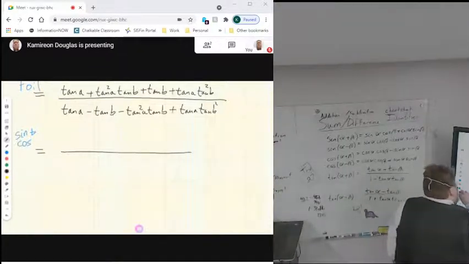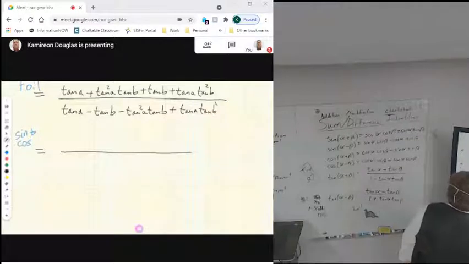So, first one is tangent of A, so that would be sine A over cosine A, plus.